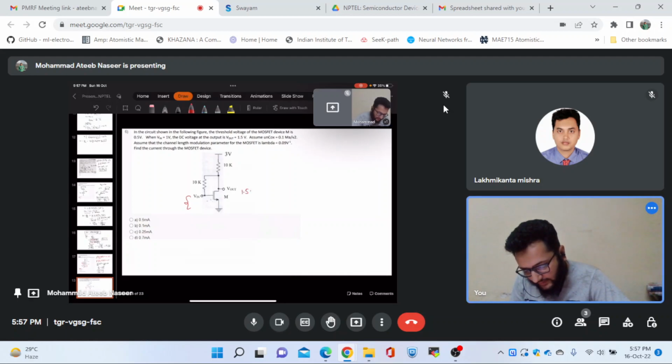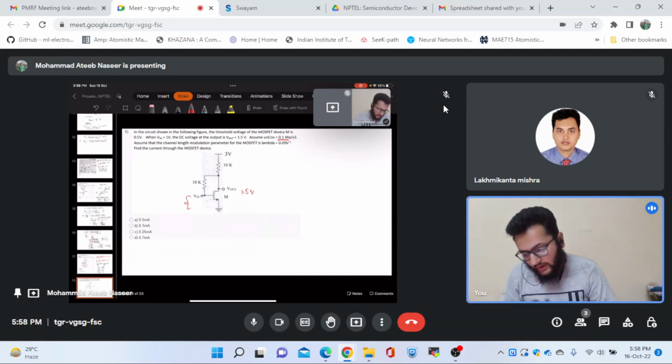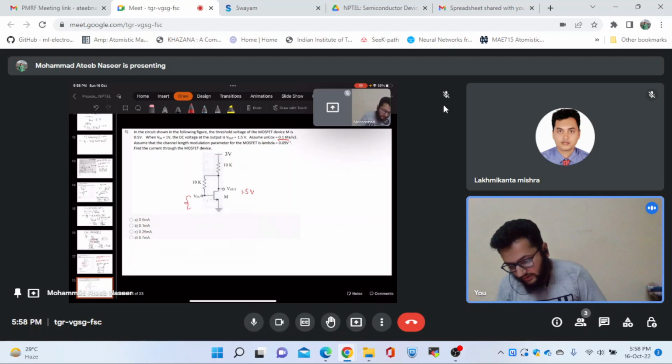We have been told to assume mu n Cox to be equal to 0.1 mega, and the channel length modulation factor to be equal to 0.09 per volt. From this, we have to find out the current through the MOSFET.